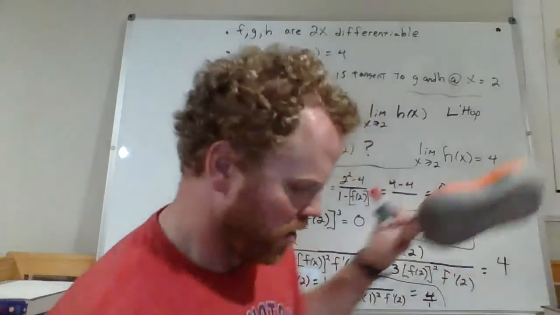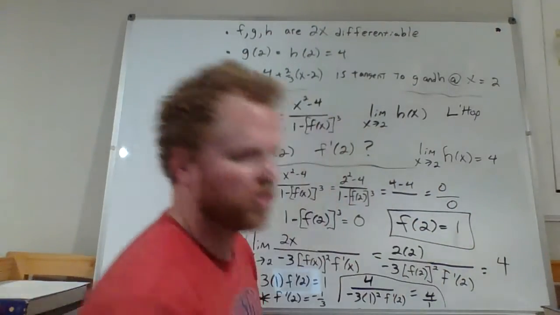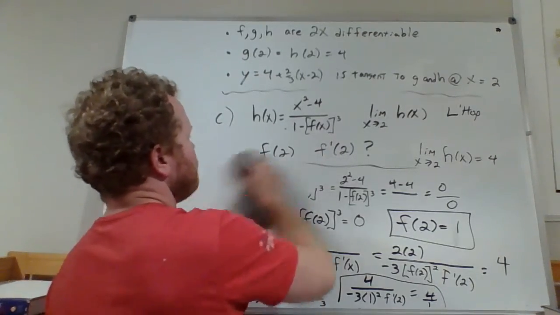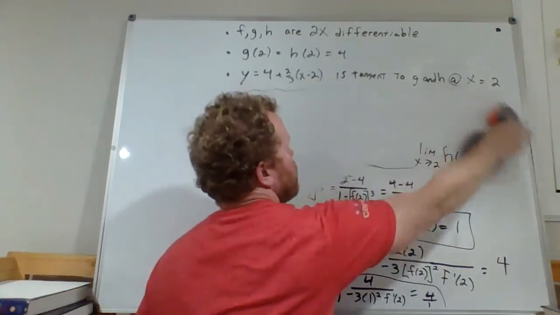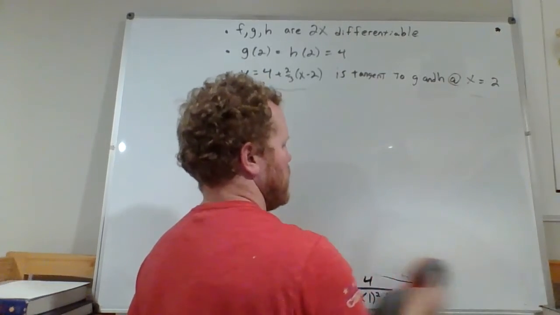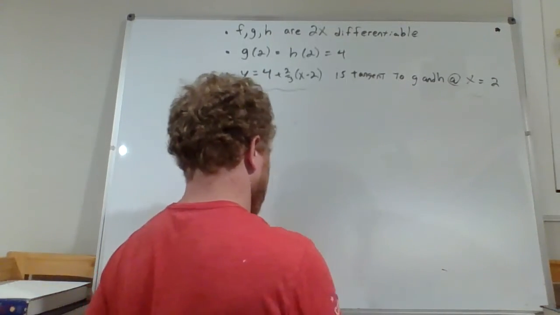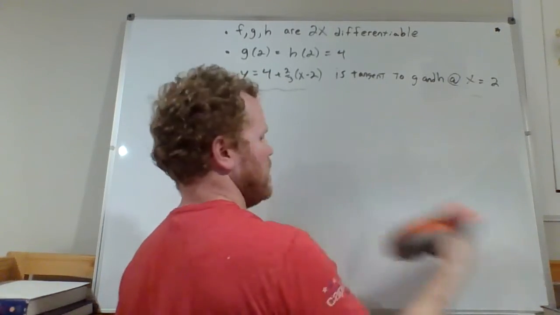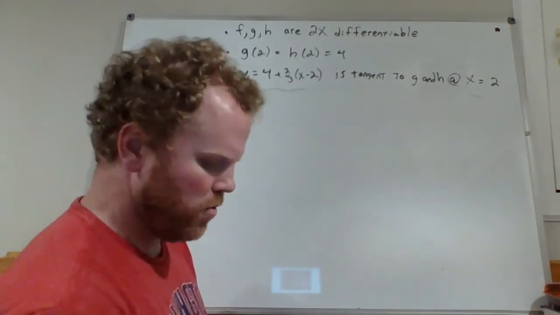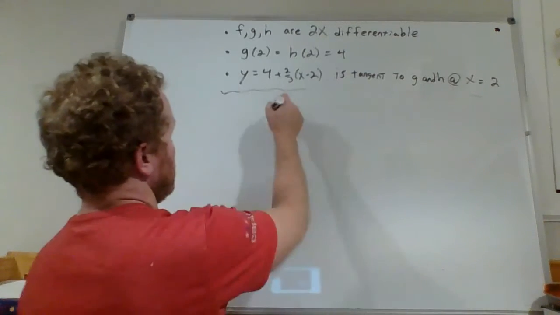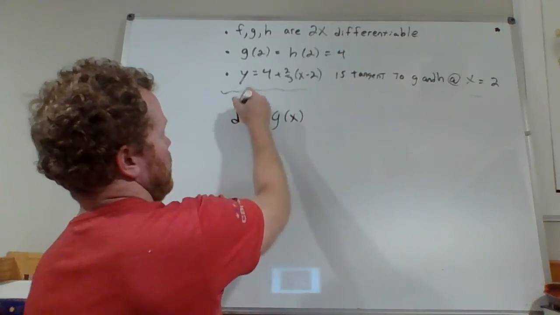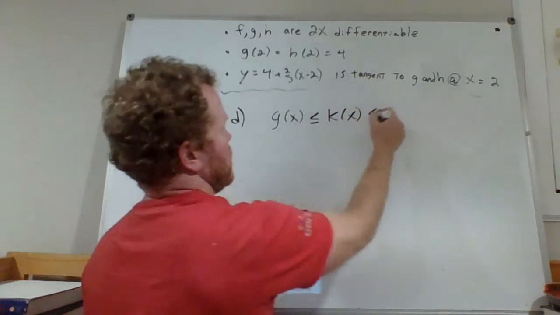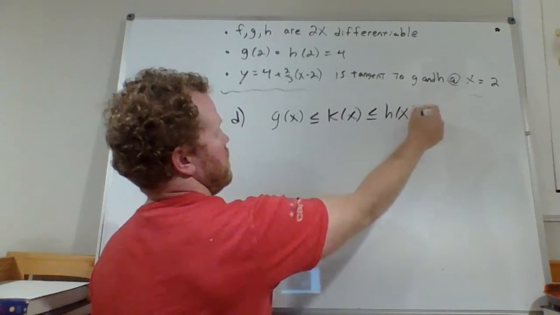And then the last part of this weird little question gives you another function, k of x, and asks you some weird stuff as well. The big takeaway in this question is they're going to ask you if k is continuous at 2, and we need all this information they give us at the beginning, which is g of x is less than or equal to k of x, which is less than or equal to h of x.